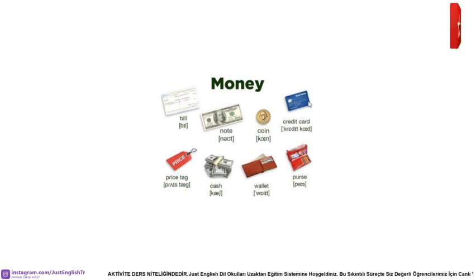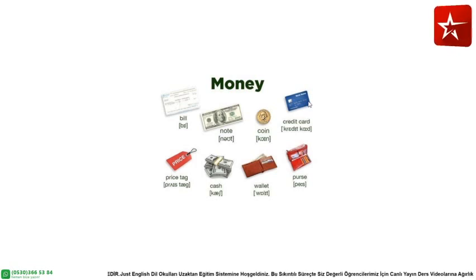The next one is about the price tag. So what is the price tag? For example, you go to a shopping center, okay? You want to buy something, and you don't know how much it costs. You don't know the price of the item. Maybe you want to buy a sweater, or electronic devices, gadgets, okay?